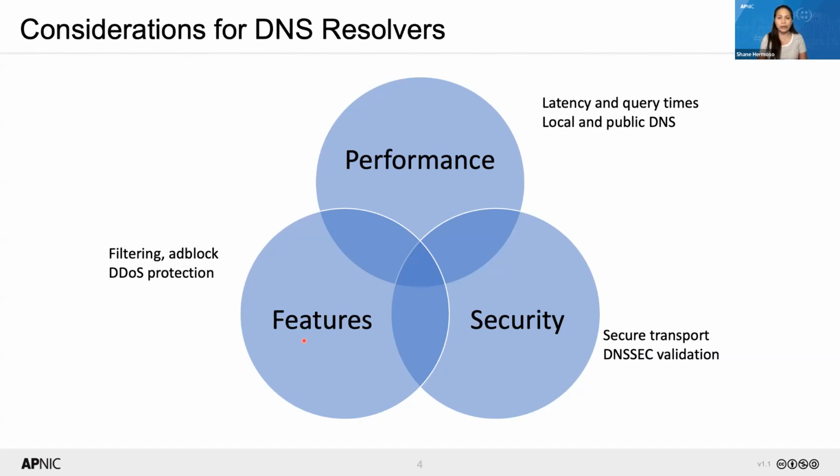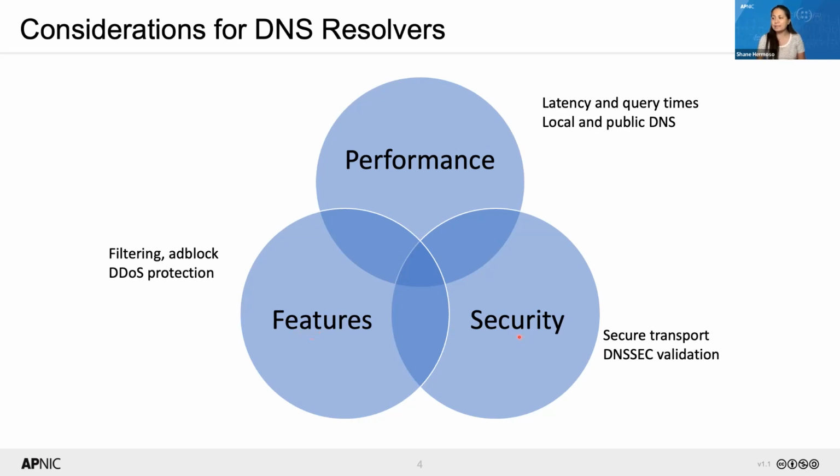And if we can block those from just the DNS part, it means that those malicious sites will not be accessible to users. So features like this are getting more and more important. A lot of the public DNS resolvers are also providing such protection, and also DDoS protection as part of this group. So it might be good to look at those options.